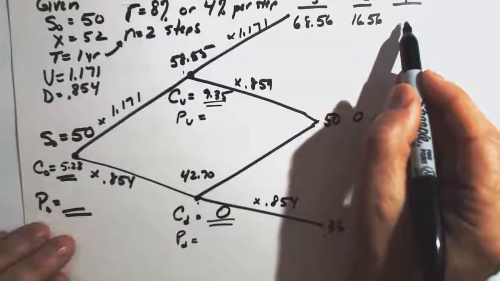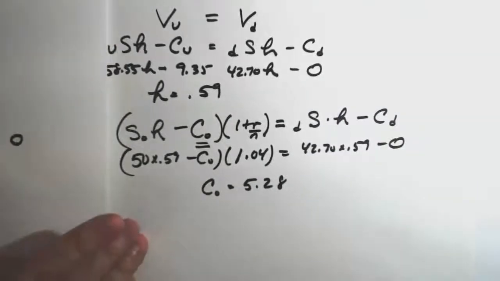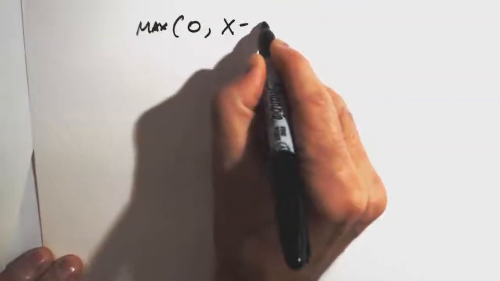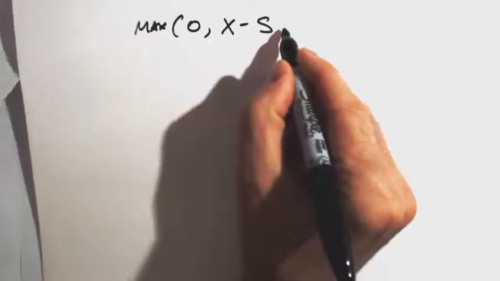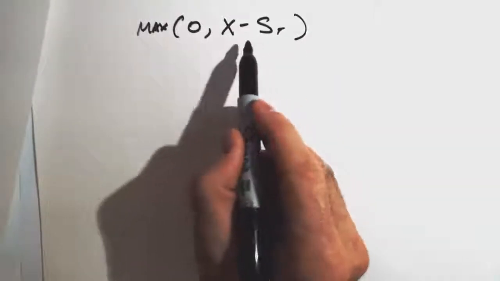Now, you know the formula for a put at expiration. The value of a put at expiration, remember, is the maximum of 0 or X minus ST at expiration. So there's no discounting because there's no time left, all right?